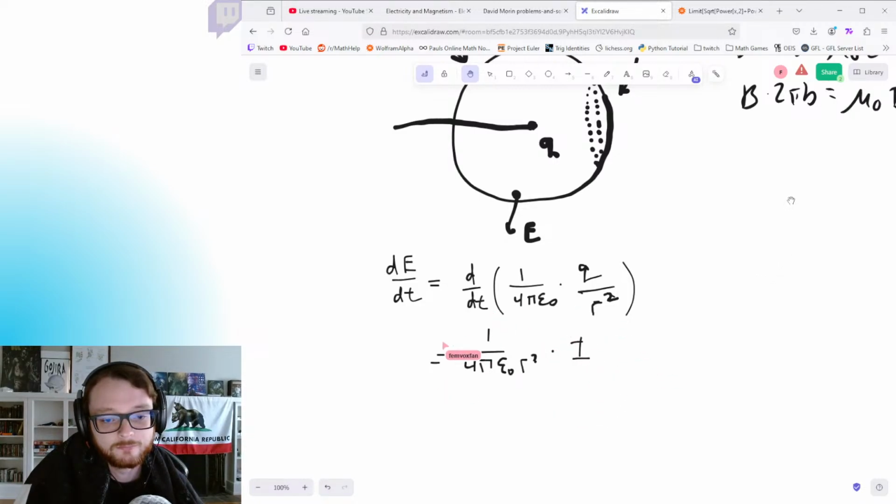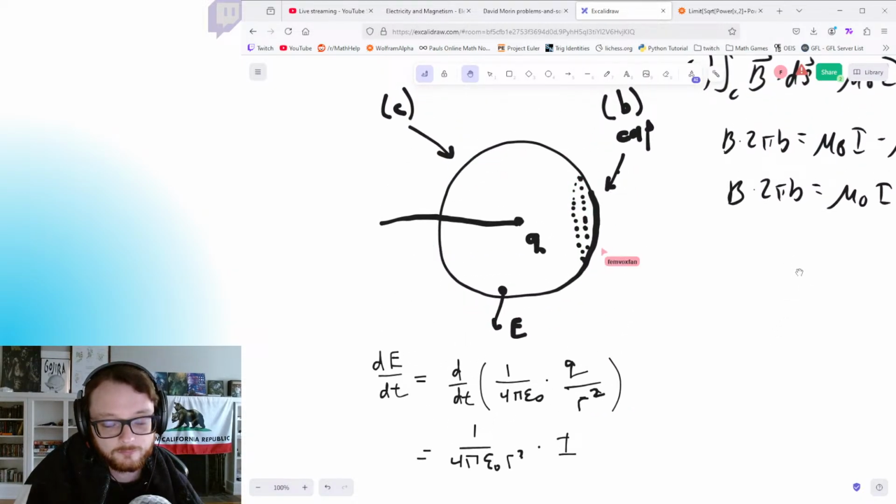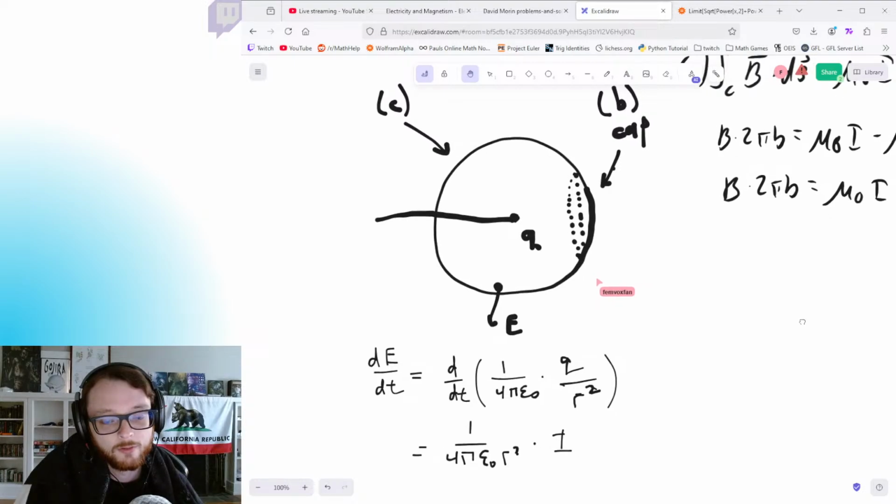Okay, then couldn't we just take that and multiply it by the total area of that sphere minus the little cap that we're cutting off? I've got a feeling this is going to work.